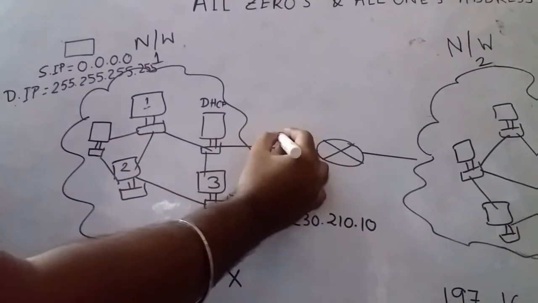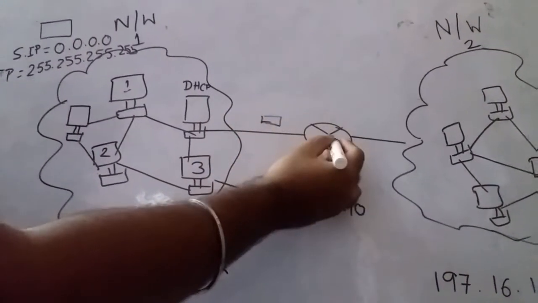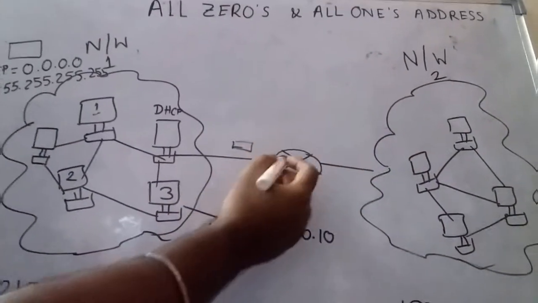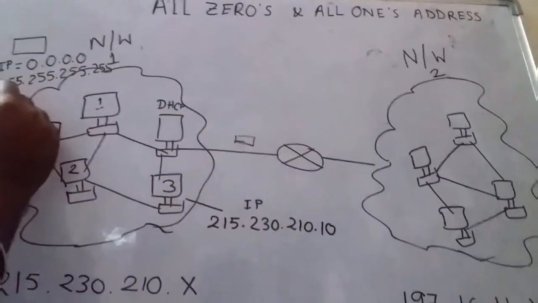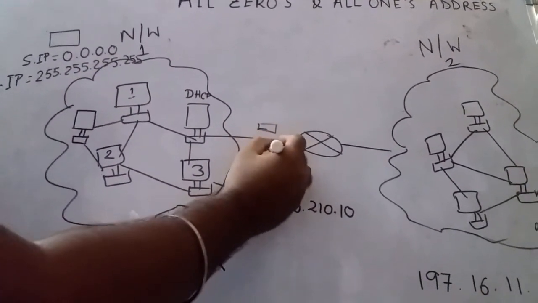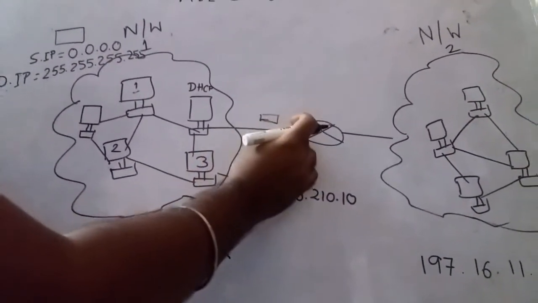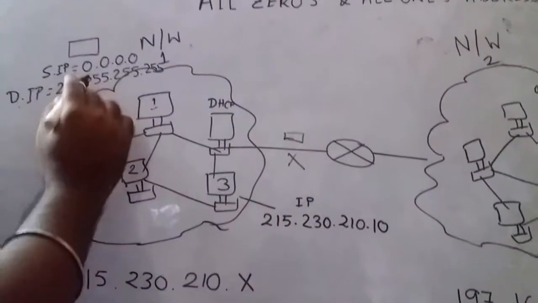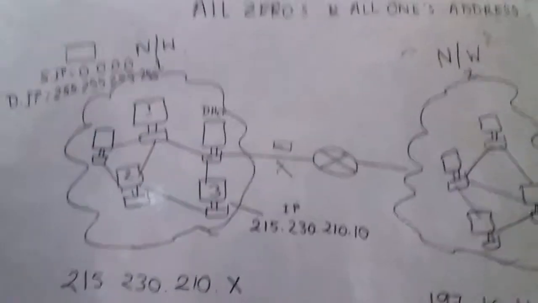But when the data packets come to the router, so that they can go to the outside world, the router will understand this is the limited broadcast IP address, so it will drop the packet here. So this packet does not go to the outside world. That's why this is called the limited broadcast address.